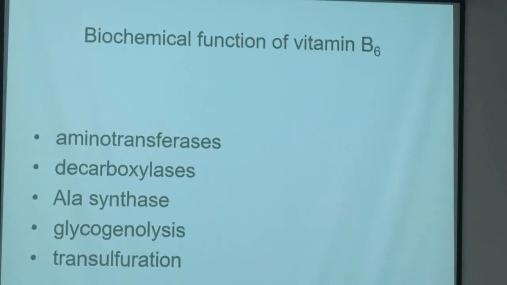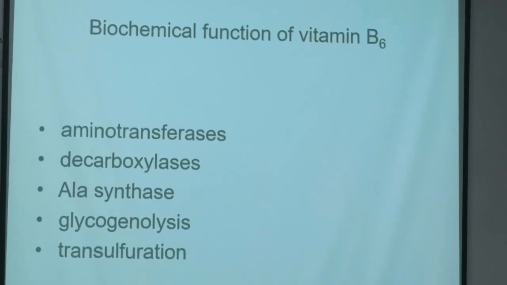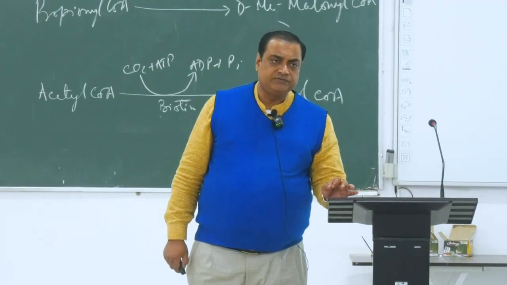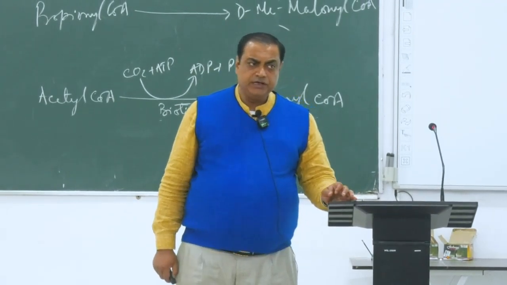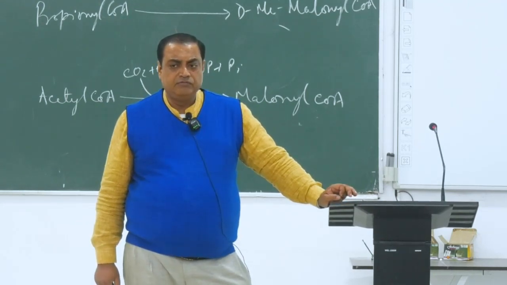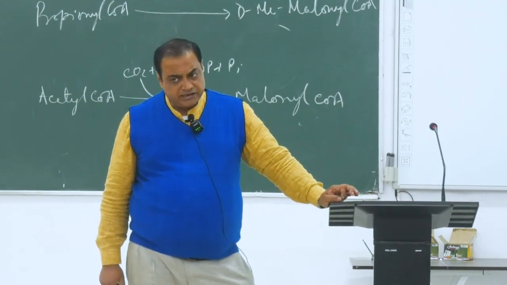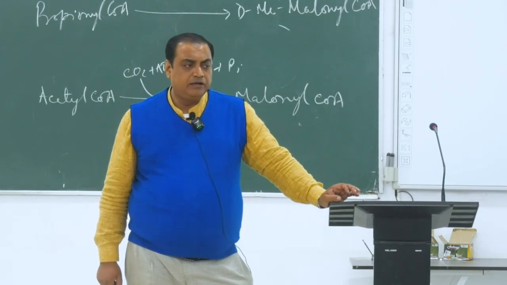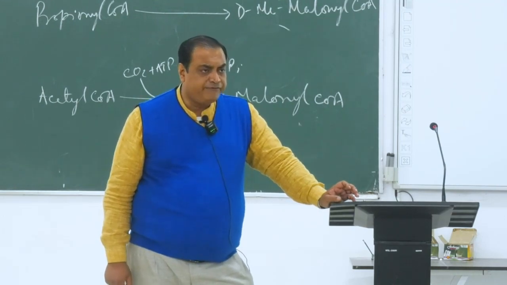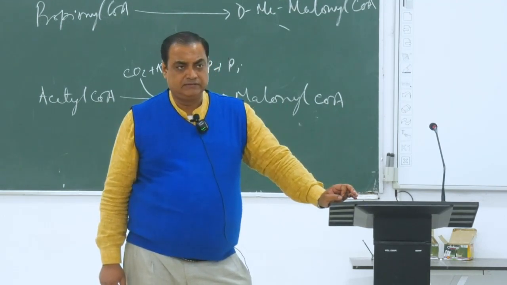Fine. Now let us come to the third reaction, ALA synthetase. Where do you find this ALA synthetase? In the heme biosynthetic pathway, which starts with ALA synthetase. So in PLP deficiency or vitamin B6 deficiency, heme synthesis will be affected. And why will we have PLP deficiency? Because of the effect of certain drugs.